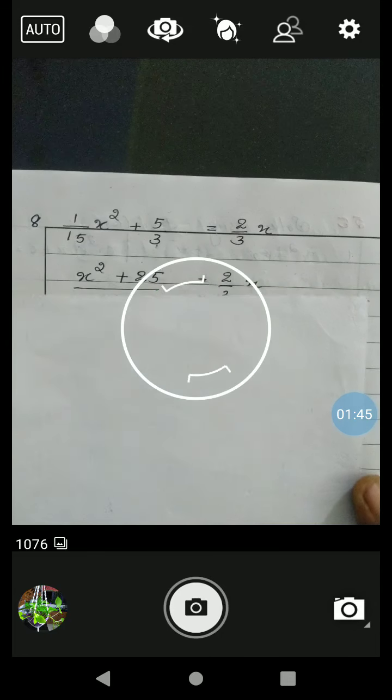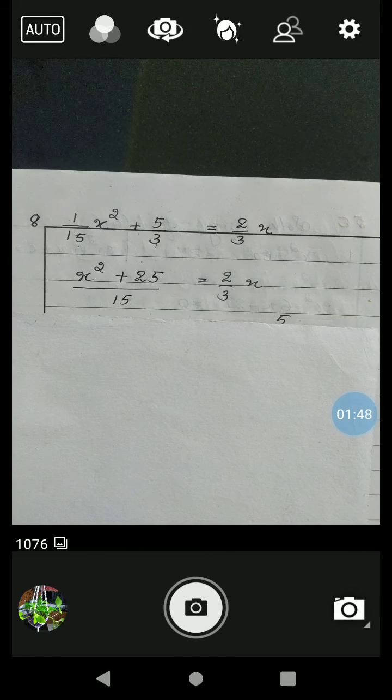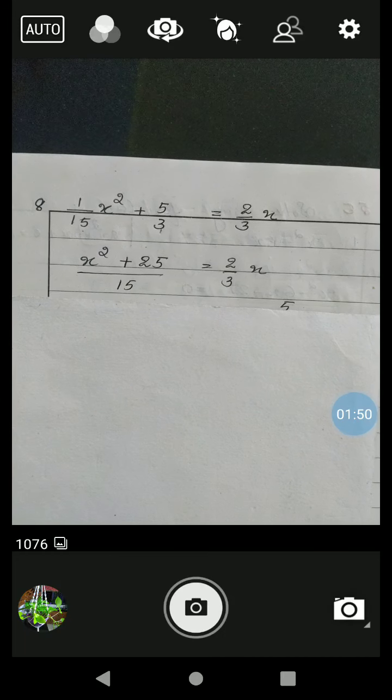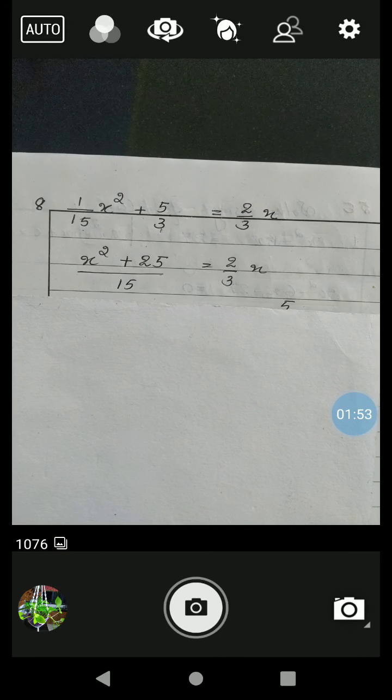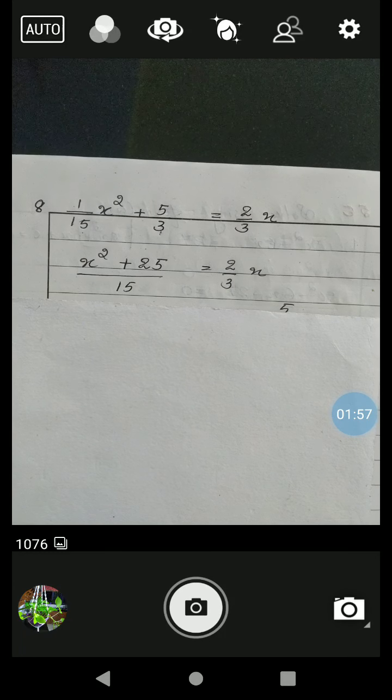Look, take LCM of the left side. It is 15. 15 and 3, LCM is 15. So you will get, when you simplify, the numerator becomes x square plus 25. Multiply second term, numerator and denominator, by 5. You will get 25 by 15. Now right side remains same, 2 by 3x itself.